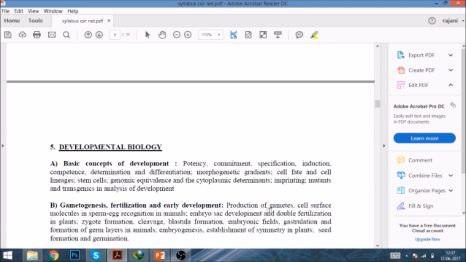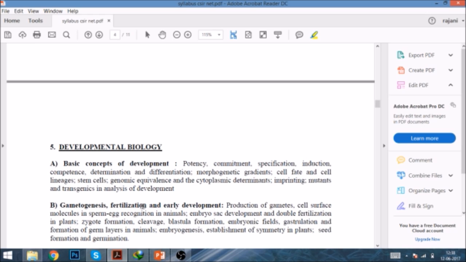Revise that. Developmental biology, I think you can score very positive marks in developmental biology because it is generally based simply on theoretical questions. There is no concept, no techniques needed to understand these questions. Basically, once go through certain terminology related to developmental biology, like commitment, specification, induction, competence.